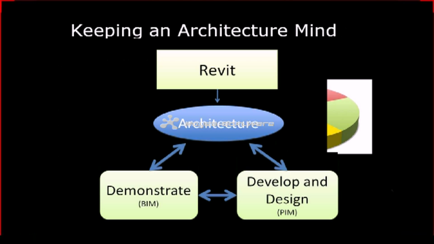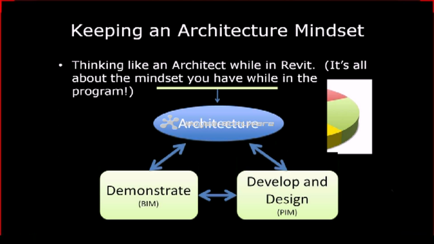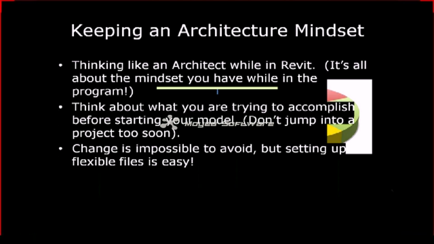So, moving on here. All right, so the first big point would be keeping an architecture mindset. So we're going to think like an architect while in Revit. We're not just going to say we're in a computer program, so we're going to think completely different. Everything's about a mindset. I don't care if you don't know how to use the program. If you keep a certain mindset, you will learn how to use the program.